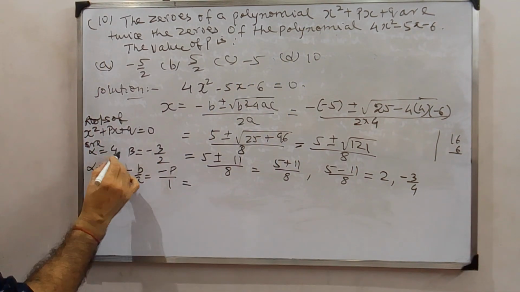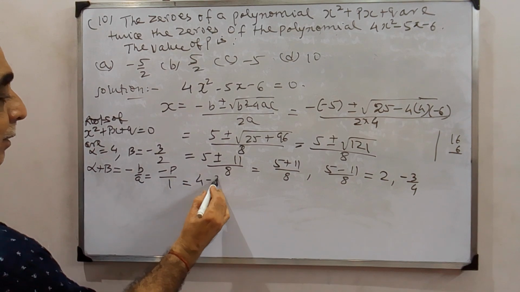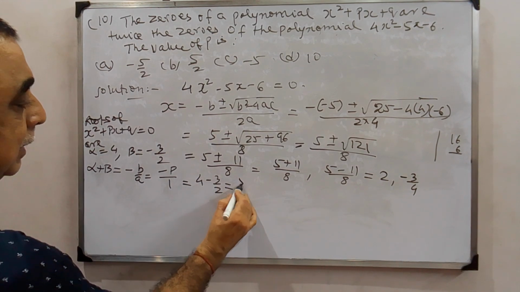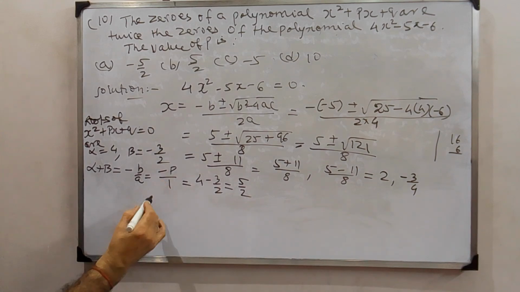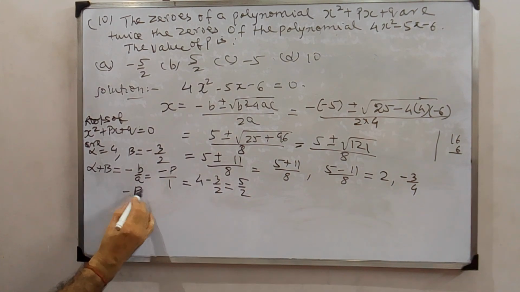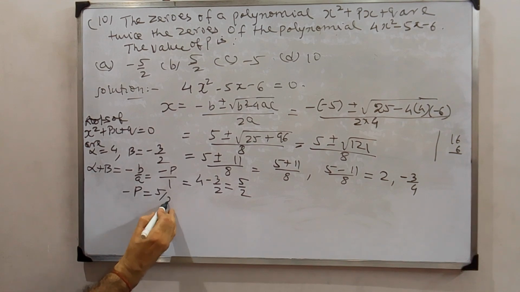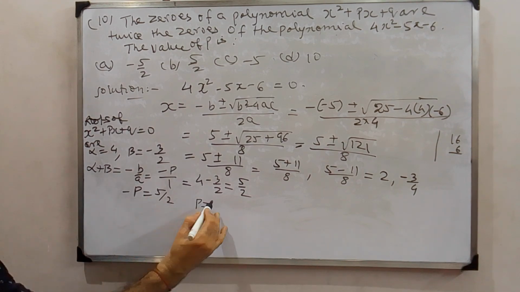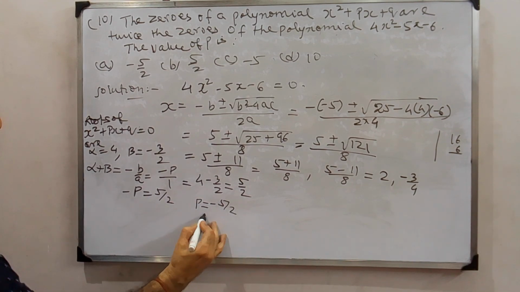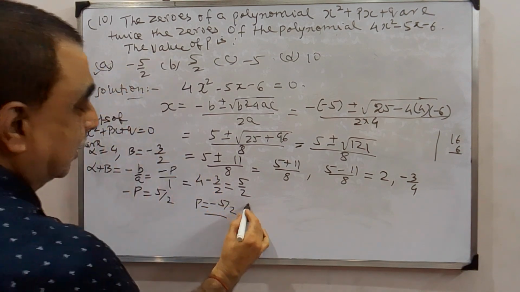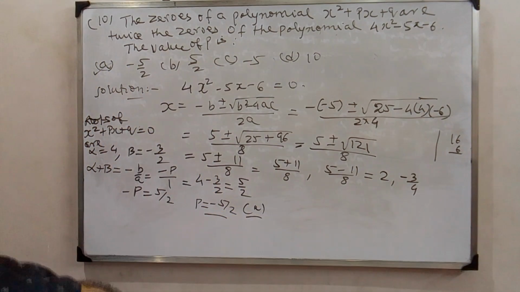Now add up 4 minus 3 by 2, which becomes 8 minus 3, that is 5 by 2. So minus p by 1 is minus p, which equals 5 by 2. So the value of p is minus 5 by 2. So A is the correct choice. Question number 10 is completed.